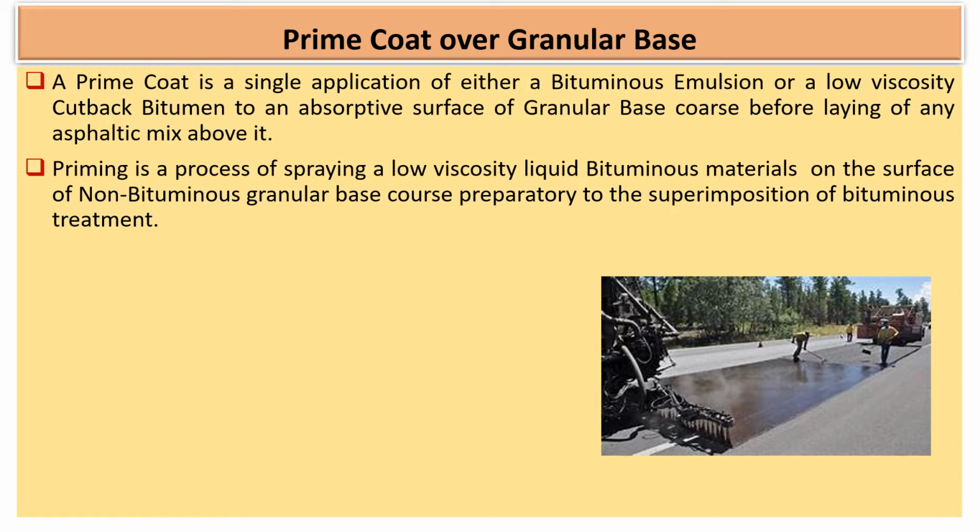The liquid bituminous material may be in the form of bitumen emulsion or cut-back bitumen of low viscosity and specific type should be suitable for the application over a particular granular base. Here it is a photograph of priming process over base course using a mechanical distributor.